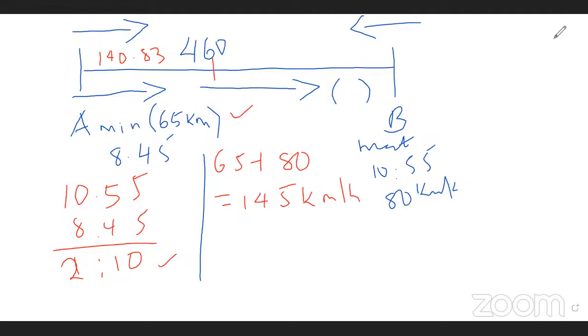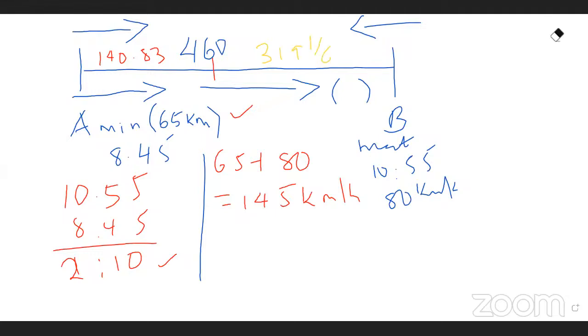So what distance would the two vehicles now be covering together? You say 460 less 140.83. You get what? 319.17, which is 319 and 1 over 6.